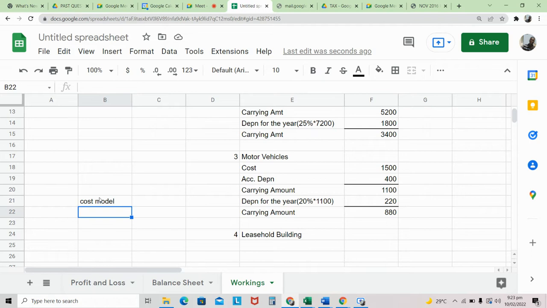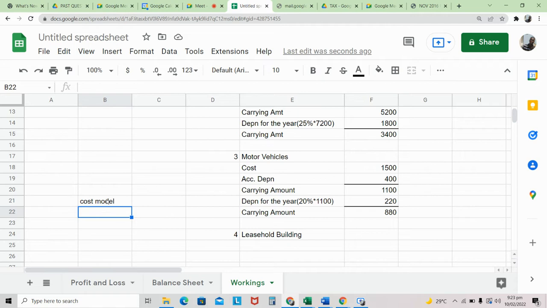Now in this question, Kwadaso is using the revaluation model to carry its buildings. But there are certain principles in the use of the revaluation model.